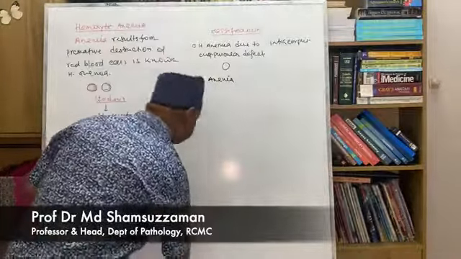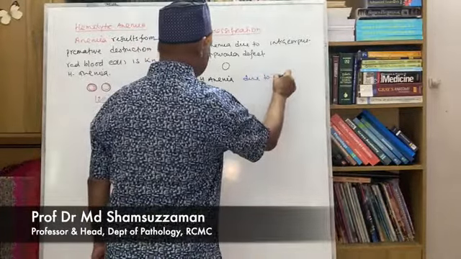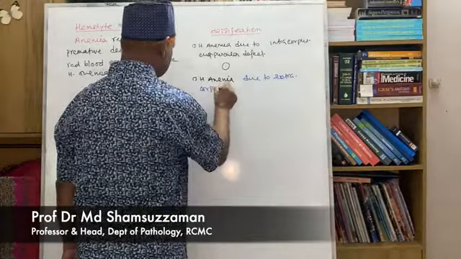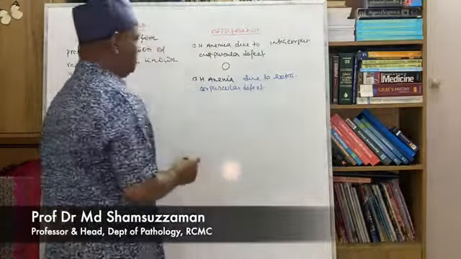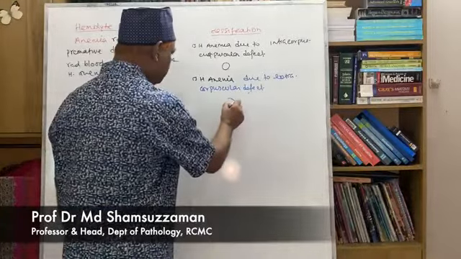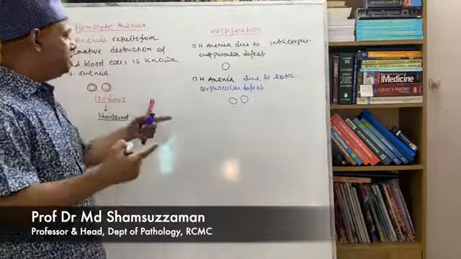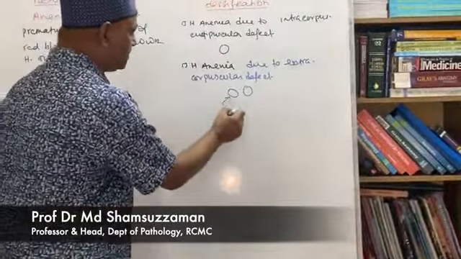And another is hemolytic anemia due to extracorpuscular defect. What it means is that the RBC is without any defect, no defect within the RBC, but there is a defect outside or surrounding the RBC that may lead to massive hemolysis.